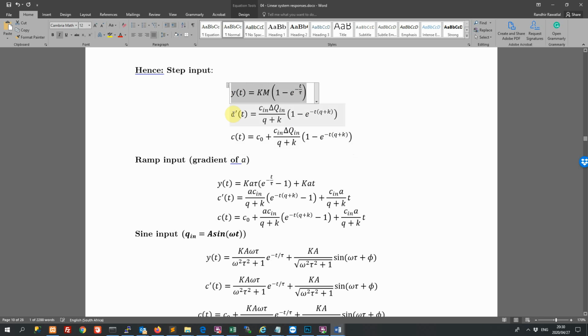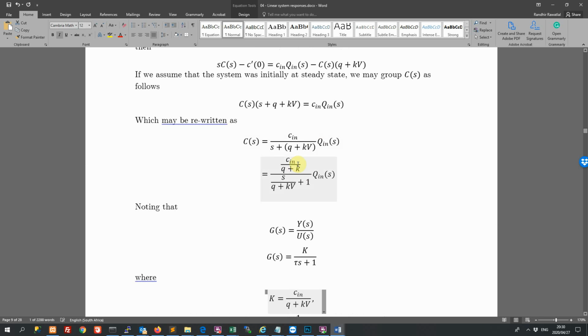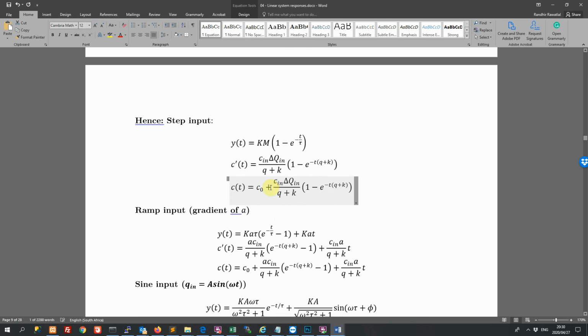And if we put that in the context of this question, our step increase we had defined as a delta q in. So q in was stepped up by delta q in. And then the constant in front is simply this one, this stuff up here. And then the time constant we showed was that 1 over q plus k.